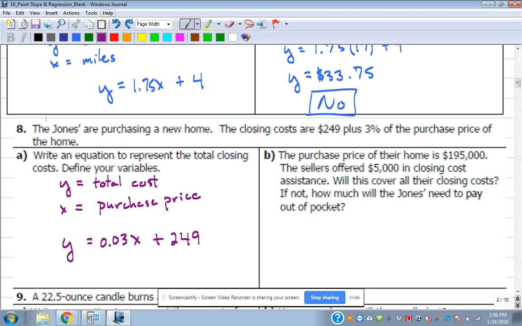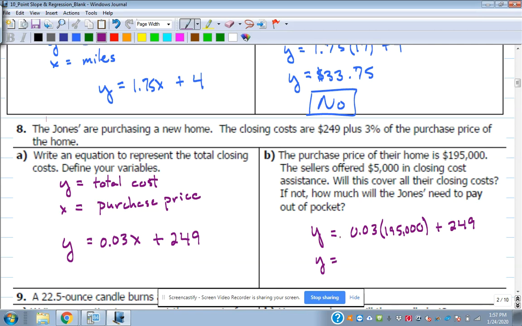So we're going to put that 195 where? In the place of X, because that X is the purchase price of the home. So we need to find out what 3% of 195,000 is, and add that to the $249, and we're going to find out what the total closing cost is.